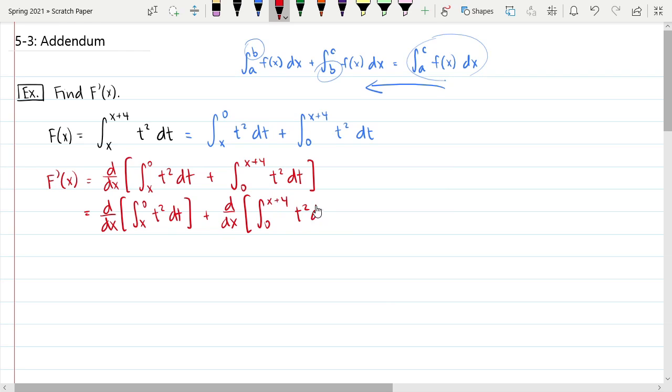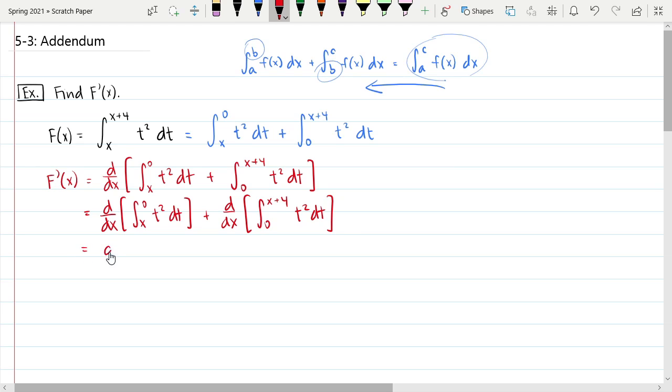And so what this now becomes is just two smaller FTC Part 2 questions that are similar to the ones that you have seen. This first one, notice that one of the limits is an x and one of them is a constant, but the constant is in the wrong place. So this is similar to the example where you would want to flip.